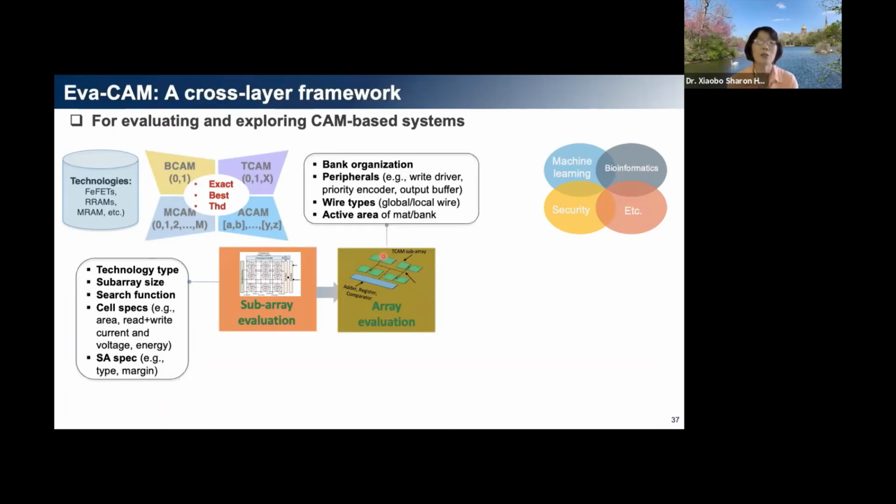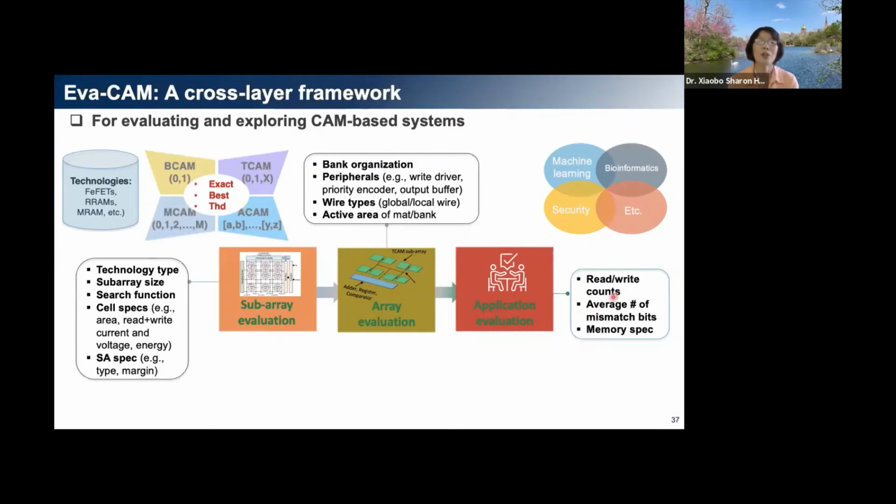That takes certain input from the users in terms of the array-level implementation, banks, peripherals, etc. Then that gets fed into the application-level evaluation. Application level needs its own inputs, like how many reads, how many writes, in terms of matches what is the average number of mismatch bits tolerated, and what the memory specs are, etc.